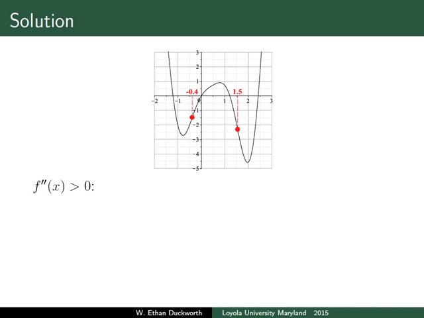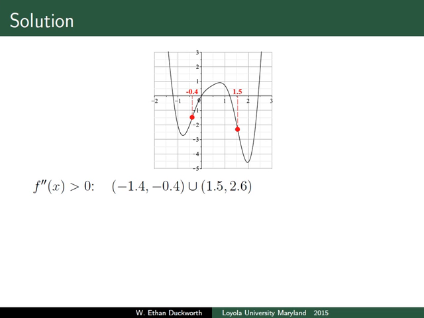So, f double prime is positive if x is between negative 2.6 and negative 0.4, or between 1.5 and 2.6. So this is the far left side of the graph and the far right side of the graph. Again, we can be more compact if we use inequalities, or we can be most compact if we use intervals.